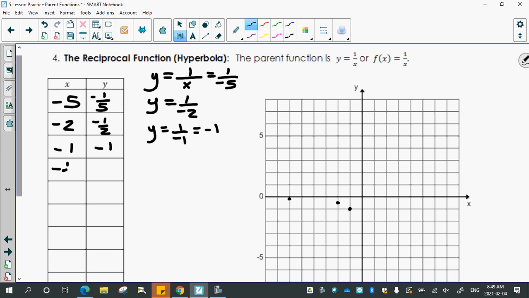-1/2 I'm going to use for x. Going to see what happens. So y equals 1 over x, which is 1 over -1/2. So how do I do 1 over -1/2? We did this kind of in our first day with function notation. How do I divide a whole number by a fraction?